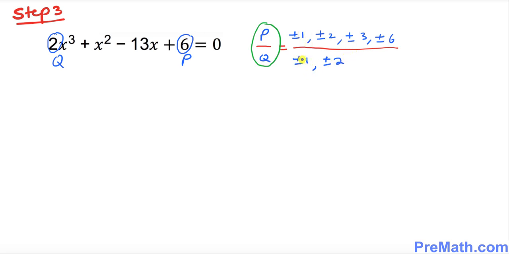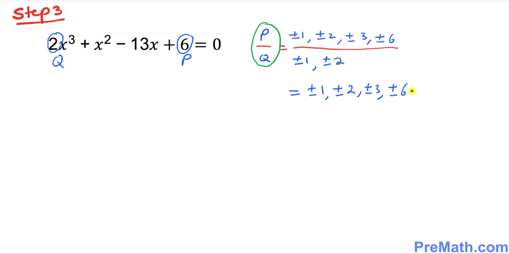So let's divide by positive or negative 1 into all these numbers. When you divide by 1, we simply get positive negative 1, positive negative 2, positive negative 3, and positive negative 6. So far so good. Now I want you to divide these top numbers by 2, now positive and negative 2.